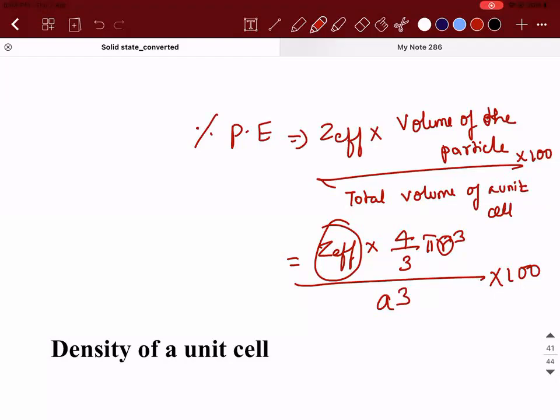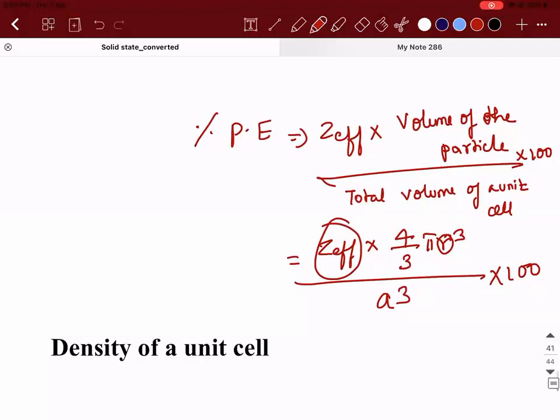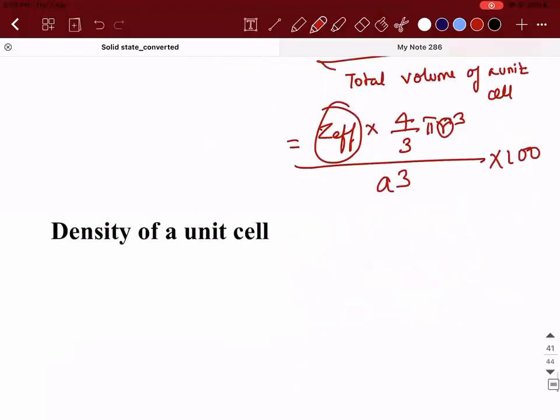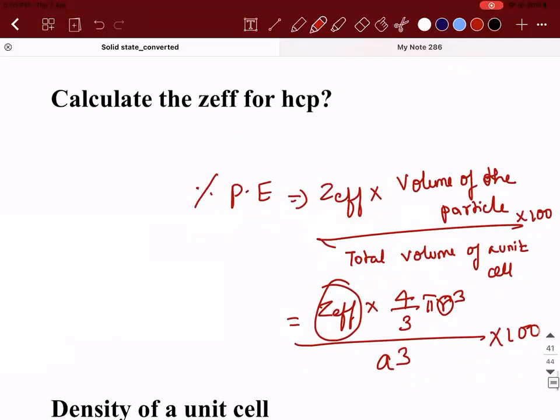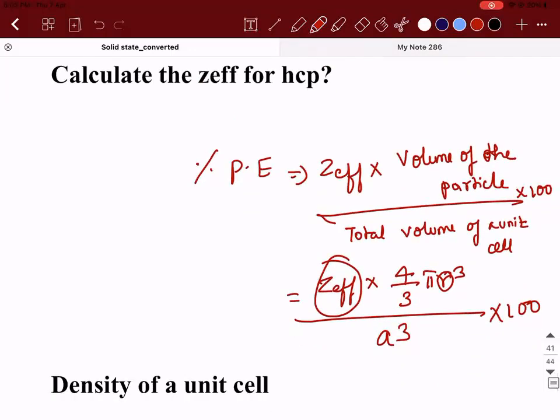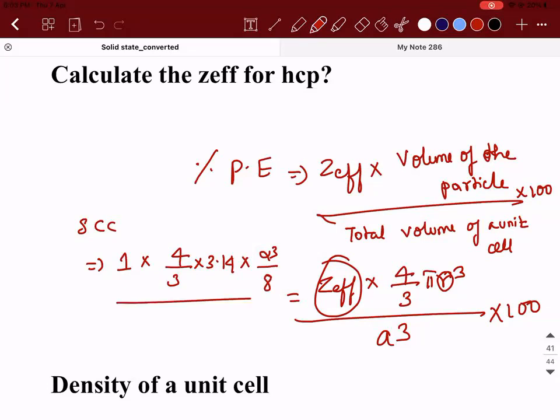So if I'm doing for SCC, it will be 1 into 4 by 3, 3.14 into R, and for SCC R is a by 2, so a cube by 8, divided by a cube.